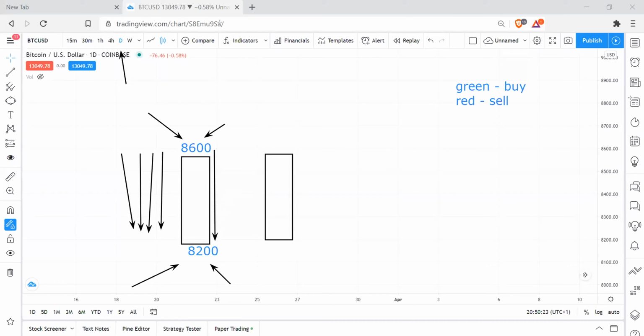So now, as we know, red means sell. So price reduced, the value of your Bitcoin reduced, meaning that what should now be the color of the candle? Since everything reduced, it should be a red candlestick, right?